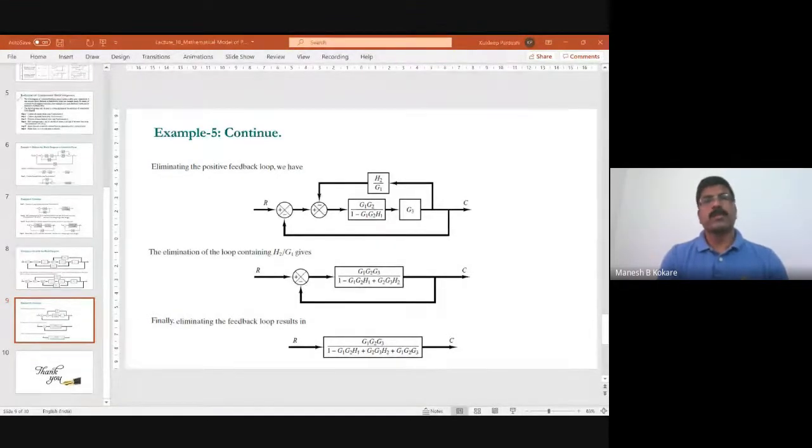Okay, I think we'll stop here and we'll take the multi-input, multi-output problem in our next lecture.